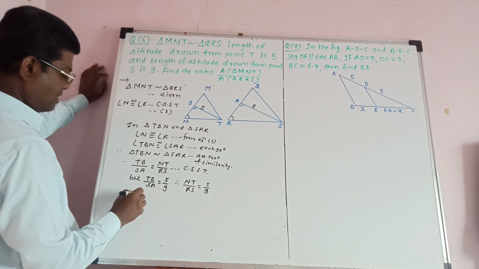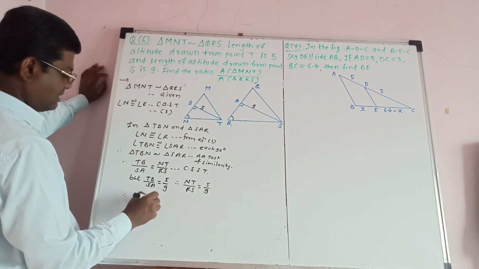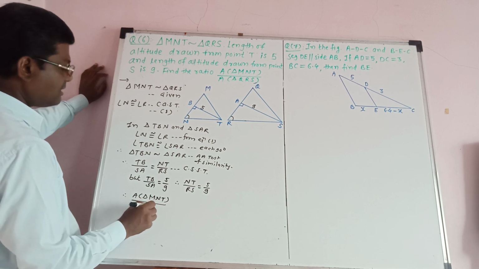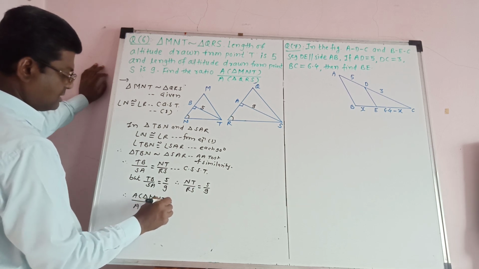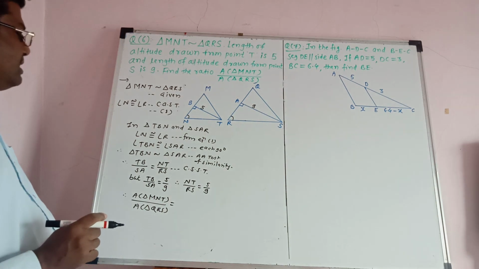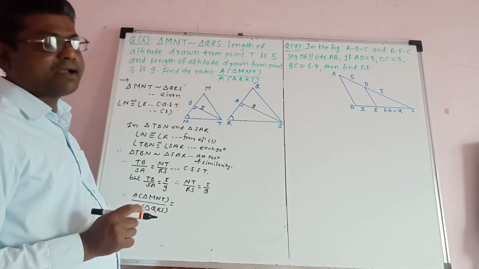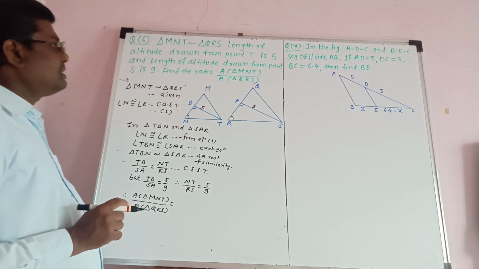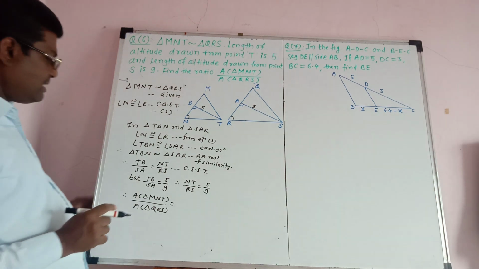Now area of triangle MNT upon area of triangle QRS is equal to ratio of areas of two similar triangles is equal to the ratio of square of their corresponding sides.